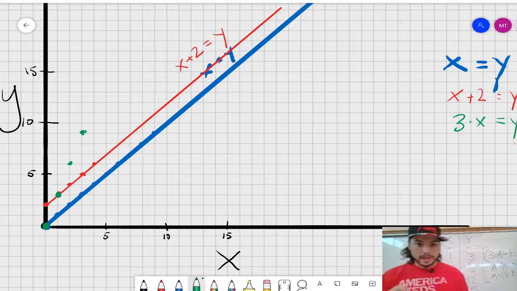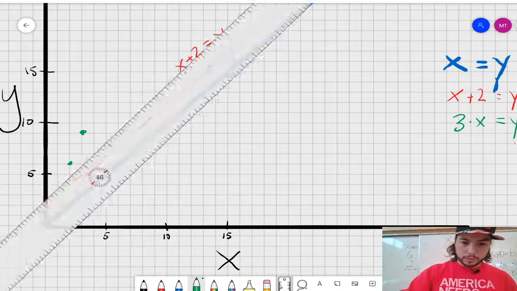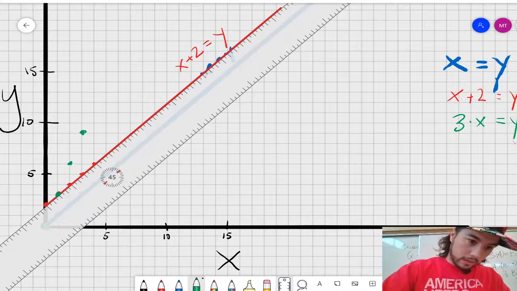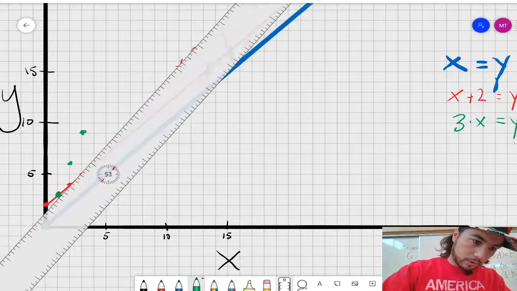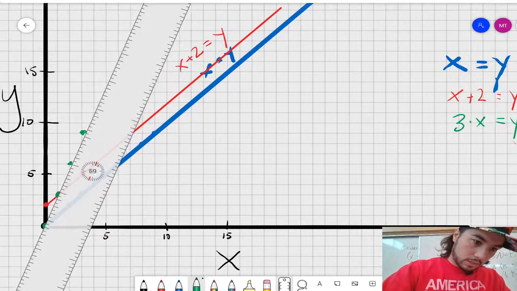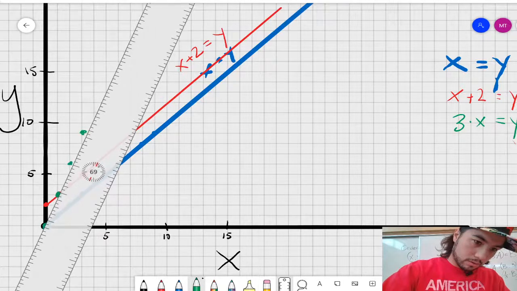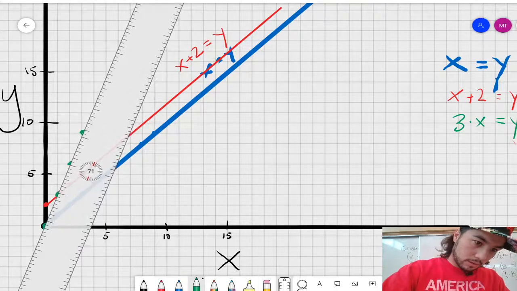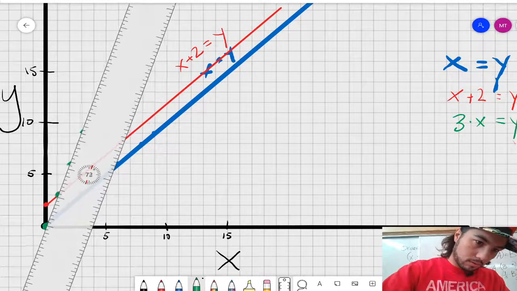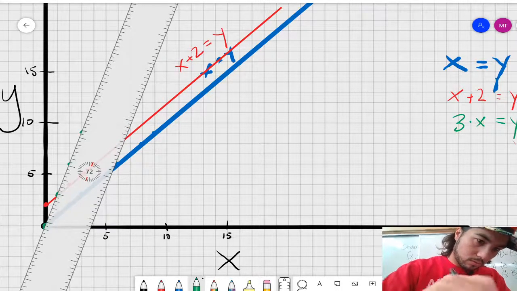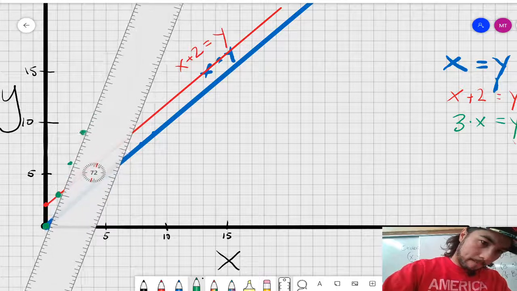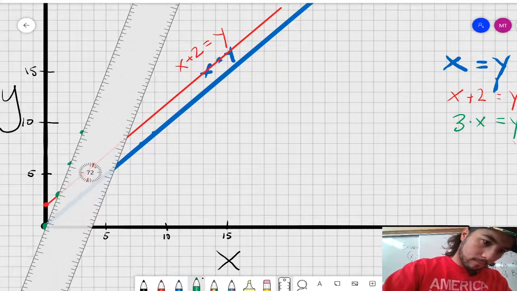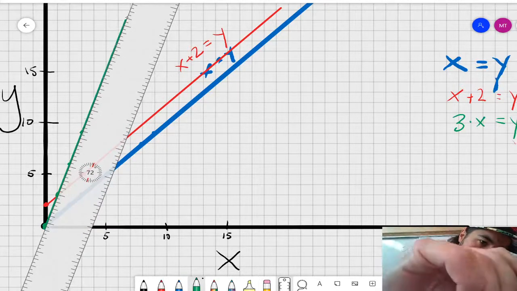Whoa, look at that. I think we've got enough points to draw a line here, but it's definitely not that 45 degrees that we had before. It is much steeper. Let's see if we can get it there. Whoa.